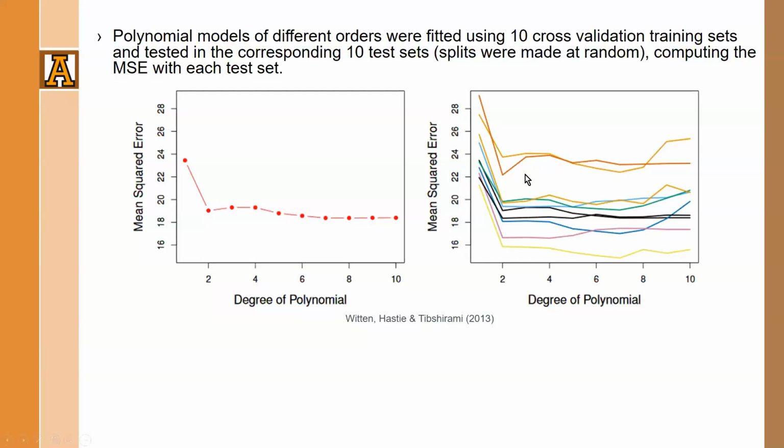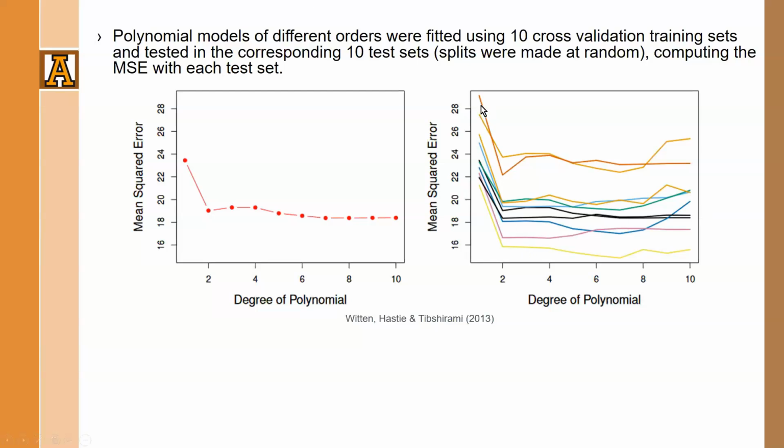For example, this time the mean square error was around 21.6 for polynomial degree 1, whereas in this case we got a mean square error of 28 point something, a lot worse. It is a polynomial degree 1 in both, but these are 10 different sets of data that we use. So as you can see, there's a lot of variability in the results when we train the data in one set and test it in a different set.